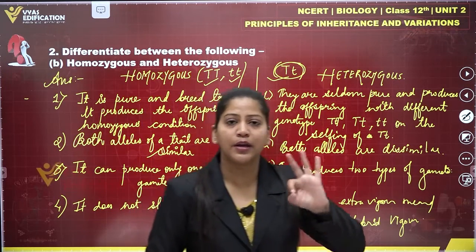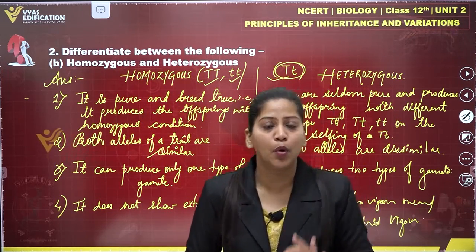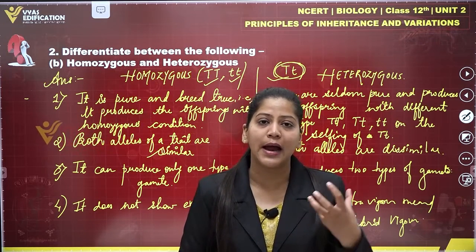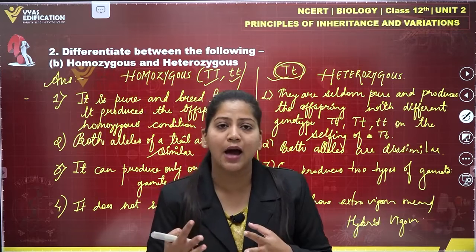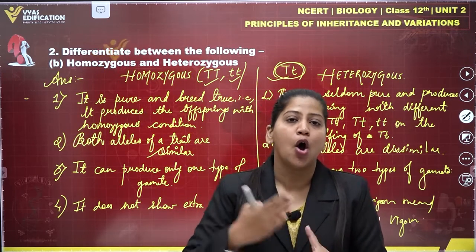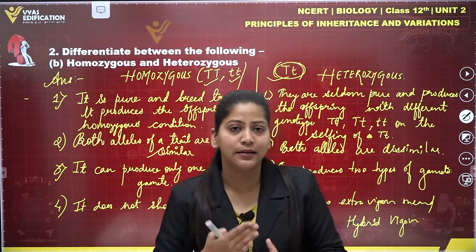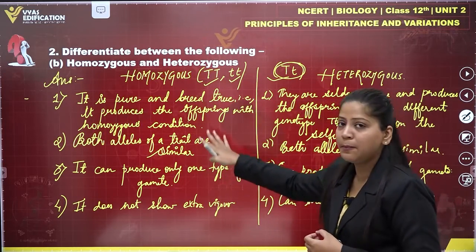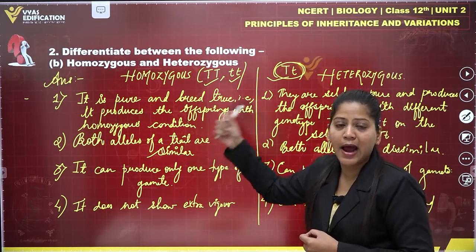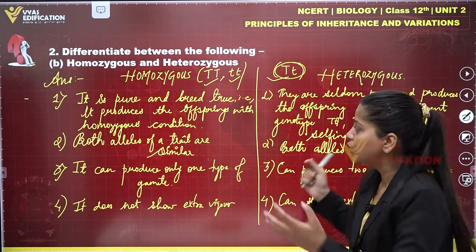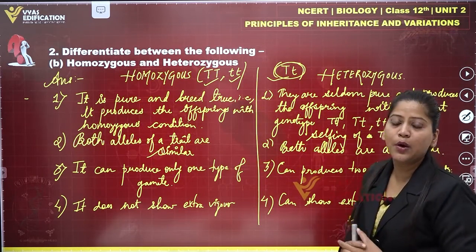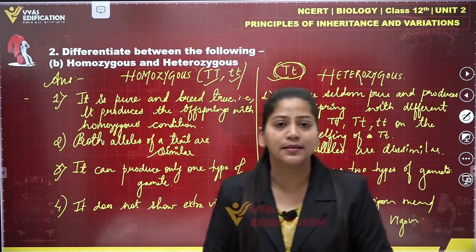Homozygous can have only dominant or only recessive alleles at a time, because it is present in a similar condition, and the alleles of a trait in the heterozygous condition are dissimilar. So these are the basic differences between homozygous and heterozygous conditions.